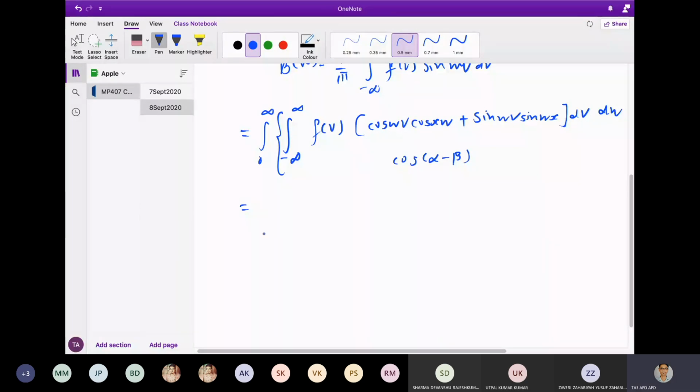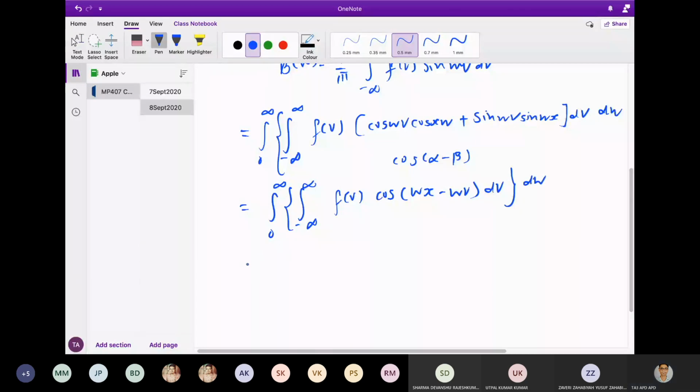So this should give you integral from 0 to infinity, integral from minus infinity to infinity, f(v) into cos of (wx minus wv). It will be the same because it's a cos function, an even function. So whether you write wv minus wx or wx minus wv, both will be the same. That's the integral with respect to dv, and this is with respect to w.